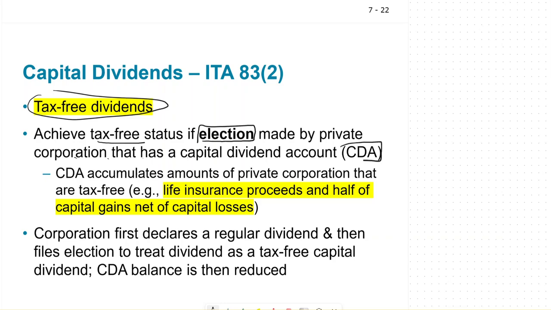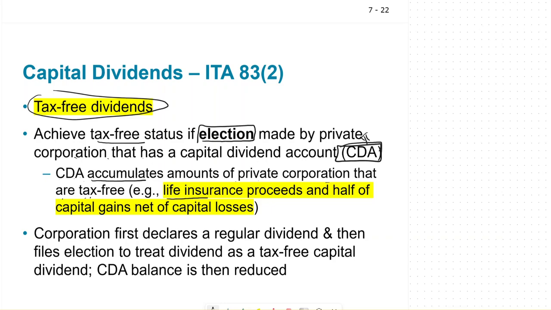First of all, you have to have a capital dividend account if it's a private corporation. If you don't have one, you're not allowed to make an election. The capital dividend account accumulates amounts of a private corporation that are tax-free.